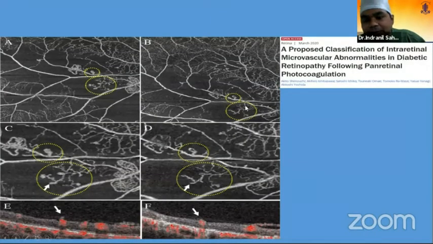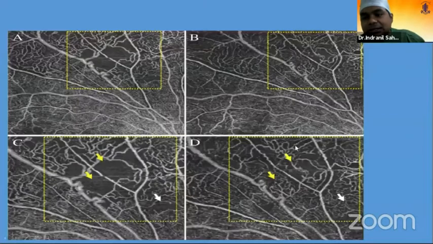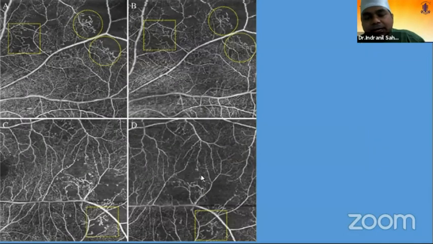After treatment, the IRMAs have reduced in caliber, and the projection which was seen on the B scan has reduced and gone sub-ILM. Another comparison shows marked IRMAs with non-perfusion areas; the perfusion is returning post-treatment and the caliber of IRMAs is reducing. Another slide highlights the same, where the IRMAs are reducing on treatment and the perfusion is improving.